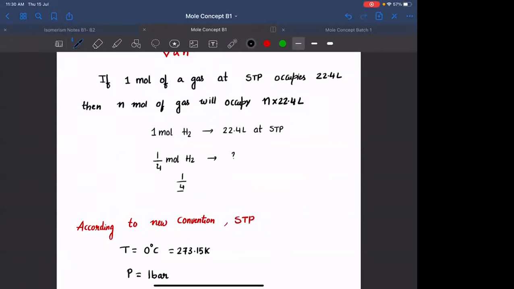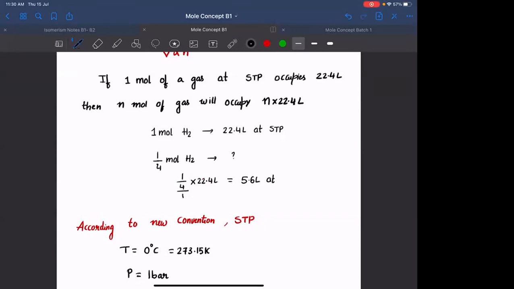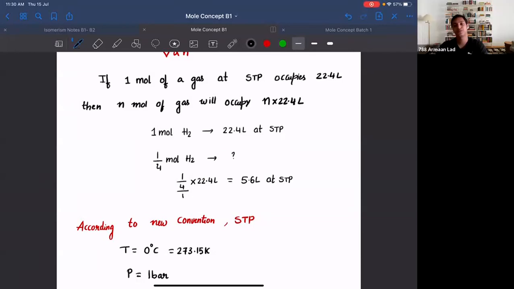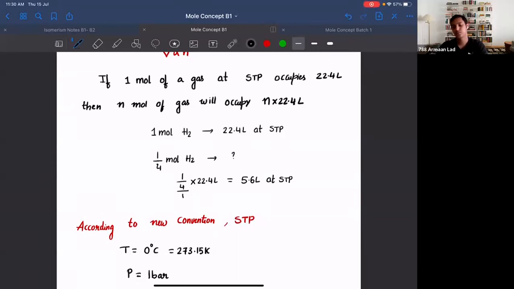It is 1/4 upon 1 into 22.4 liters, which is equal to 5.6 liters at STP. Suppose I give you 11.2 liters of gas, what will be the moles of it? Half mole. Very good. If I give you 44.8 liters, what will be the moles of the gas? 2 moles. Clear?